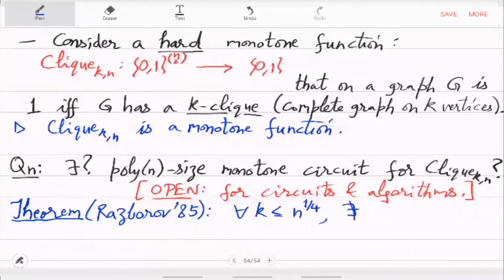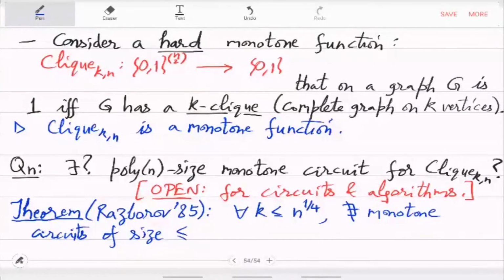So there does not exist a monotone circuit of size smaller than n to the square root k by 20 computing clique.